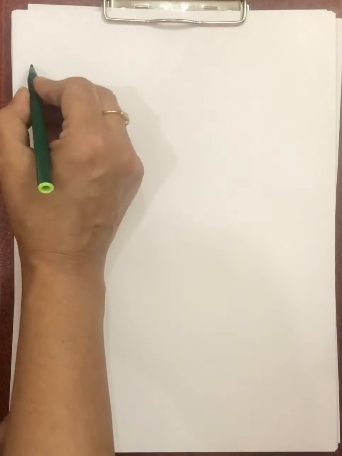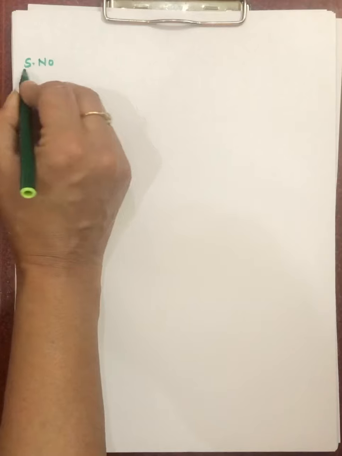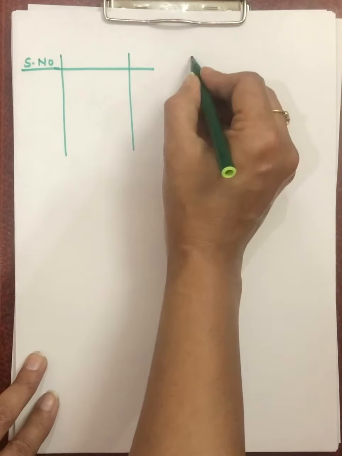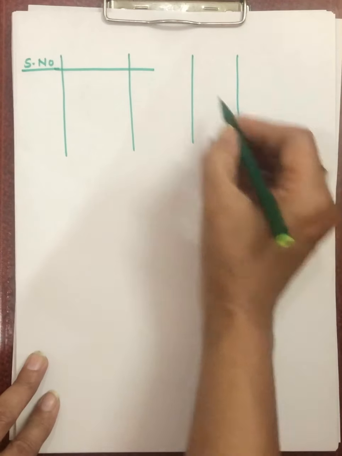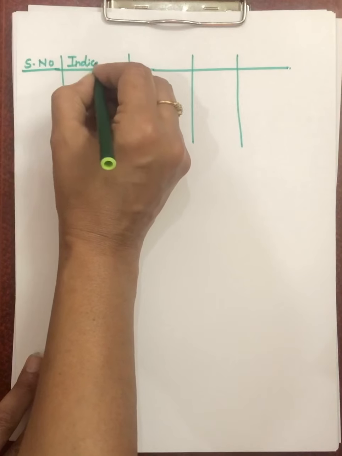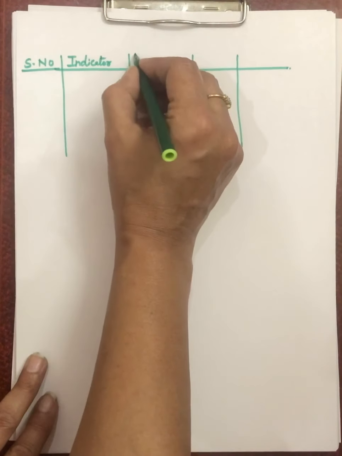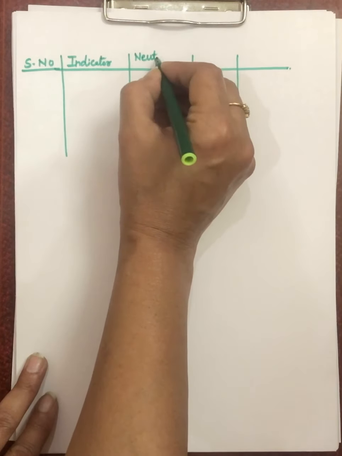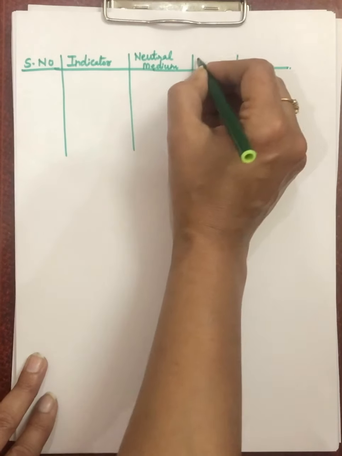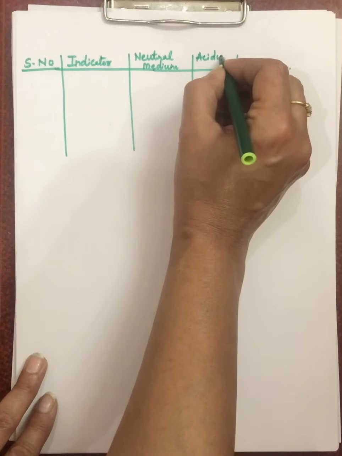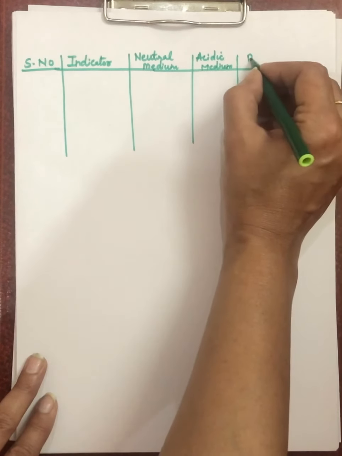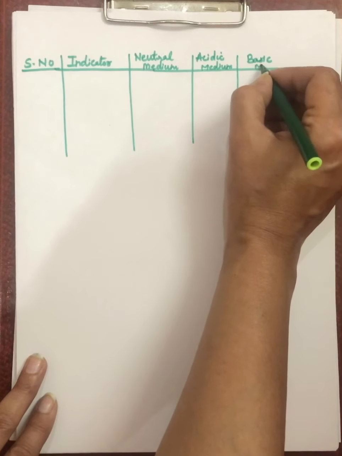So, some natural indicators: indicator name, its color in neutral medium as it is, its color when we add it to acidic medium, and its color when we add it to basic medium.